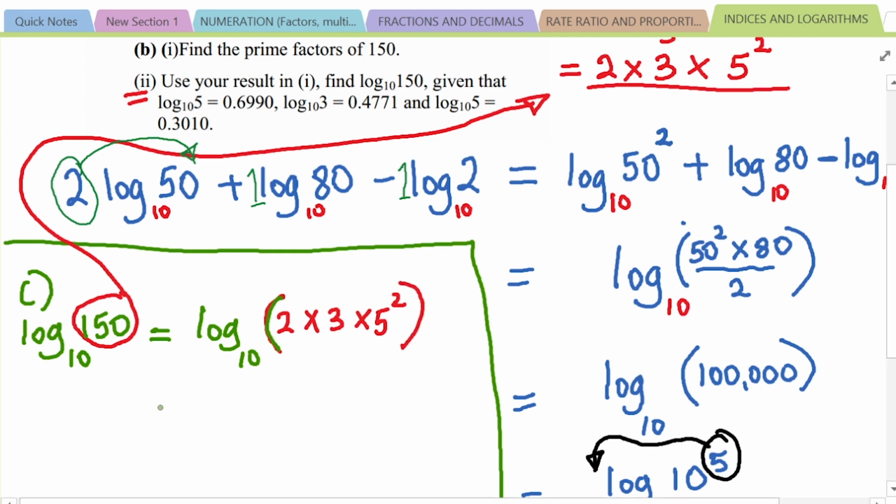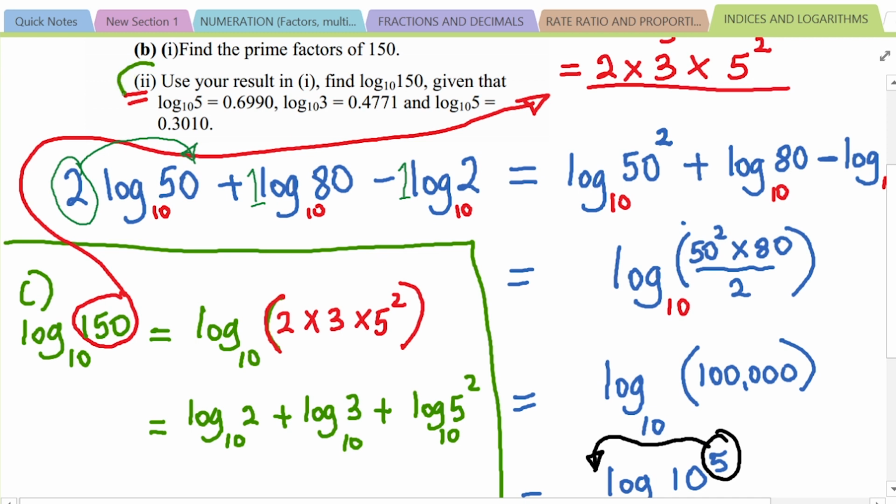So we continue by saying that is the same as log of 2 base 10 plus log of 3 base 10 plus log of 5 squared, also to base 10.